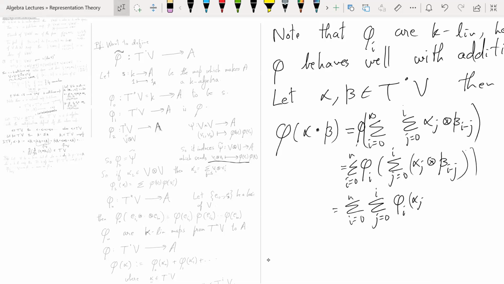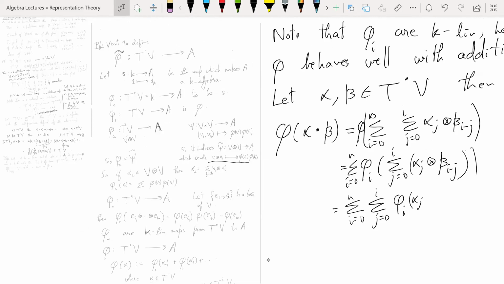Yeah, so actually it should be phi j. So alpha j is in a tj. So it's not very convenient to write.